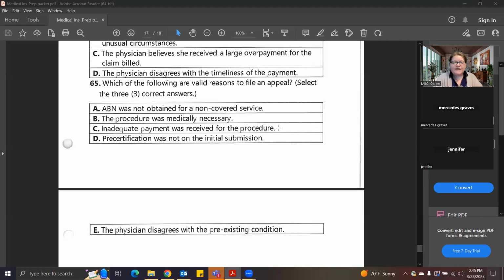But the majority of things don't require an authorization or a pre-certification, unless you're working in a surgeon's office or something like that. Then yeah, almost everything's probably going to need a prior authorization or a pre-certification to get approved. But if they say it wasn't there and you had it, you definitely want to appeal it. If they say you needed it but you didn't, you're going to want to appeal it. So either way.